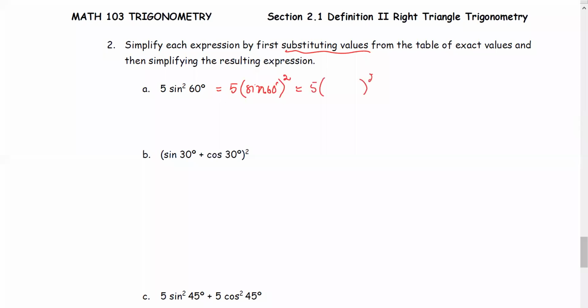From the table, the sine of 60 degrees is square root 3 over 2. So we are squaring square root 3 over 2, or multiplying by itself twice. Then we get 5 times 3, which is 15, 15 over 4 as a result.